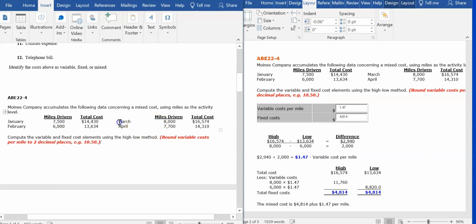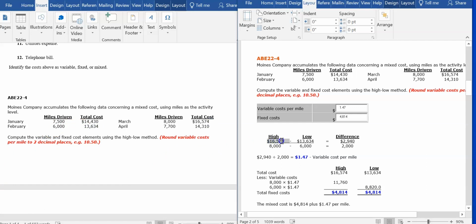We will be using March as the high data point and February as the low data point. Highest activity and lowest activity. In order to first figure out the variable portion, we are going to take the difference in the cost between our high data point and our low data point.